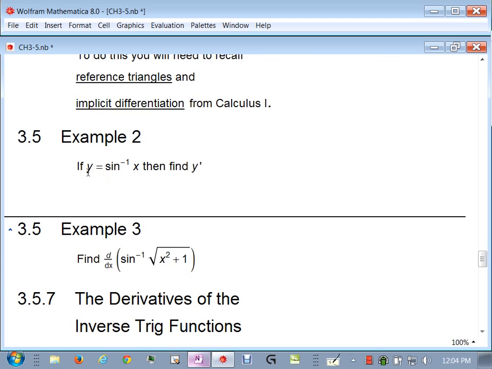So if we have this new function, y equals arc sine of x, find the derivative. All right, what is the derivative of arc sine of x? Does everyone understand that what we just spent the first part of this talking about is what these inverse functions are, and now we're saying what are their derivatives?